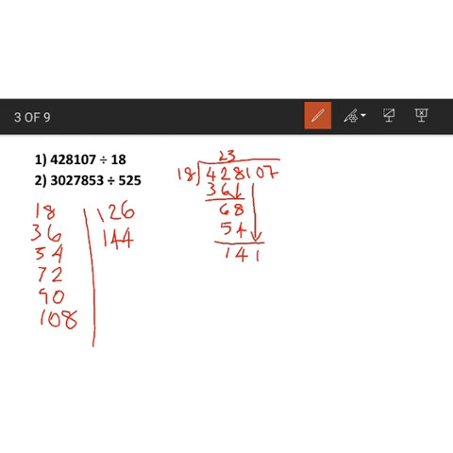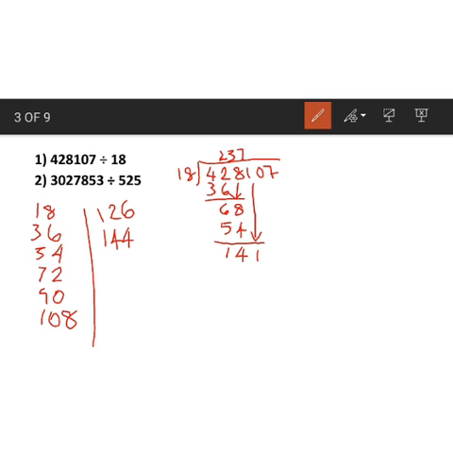So when we look, 18 goes 7 times. So we'll write 7 in the quotient part just next to 3, and it should be written just above 1.